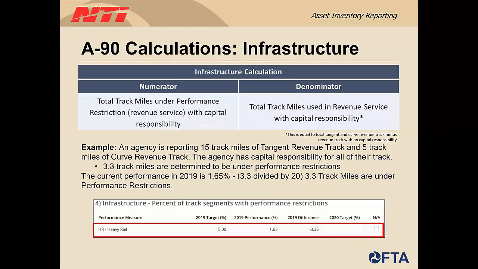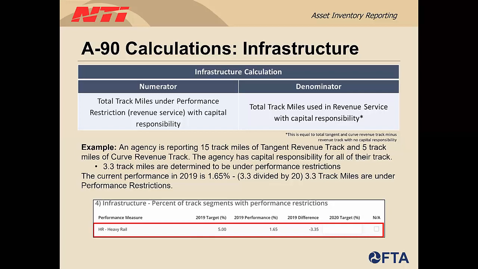The last section on the A90 form is infrastructure. This corresponds to any rail modes that your agency has on the A20 Transitway mileage form. This section of the form will only show up for agencies that are reporting rail. If you're not reporting a rail mode, you will not see this section on your A90.